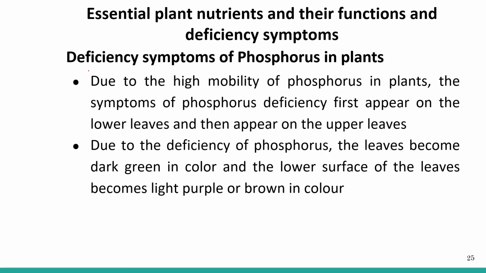Now, there are some deficiency symptoms of phosphorus in plants. If there is a lesser quantity of phosphorus in the plant, then what are the deficiency symptoms? Let us discuss that.